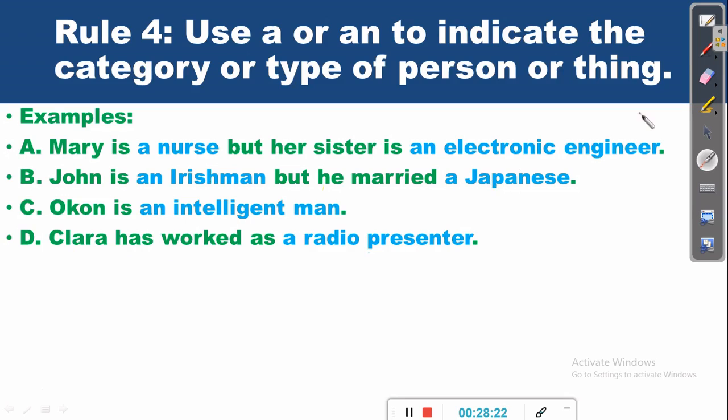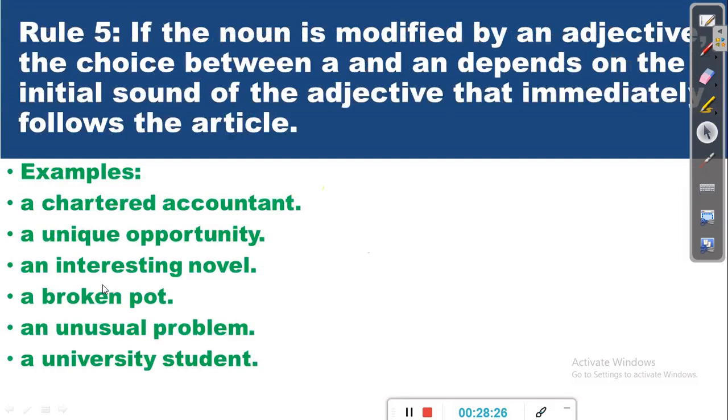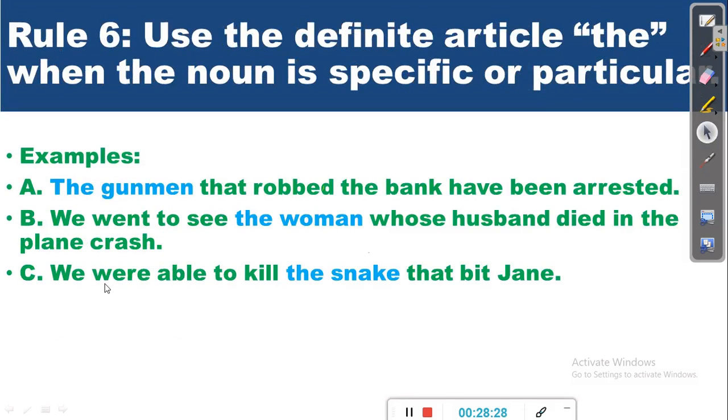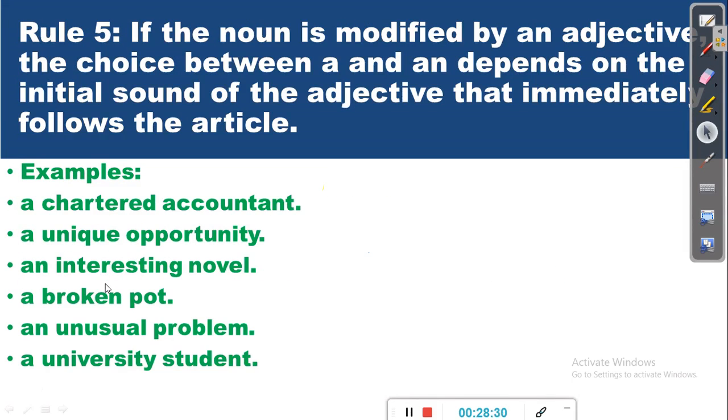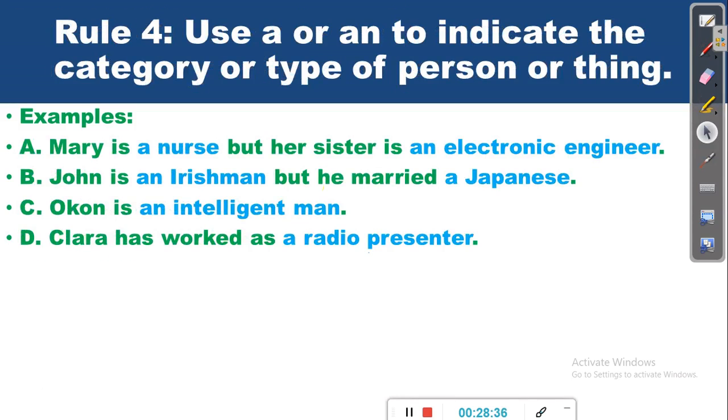All right. So let's move on to the next rule, which is rule number 6. Rule number 5, first of all. We just talked about rule number 4. Use a or an to indicate the category or type of person or thing.